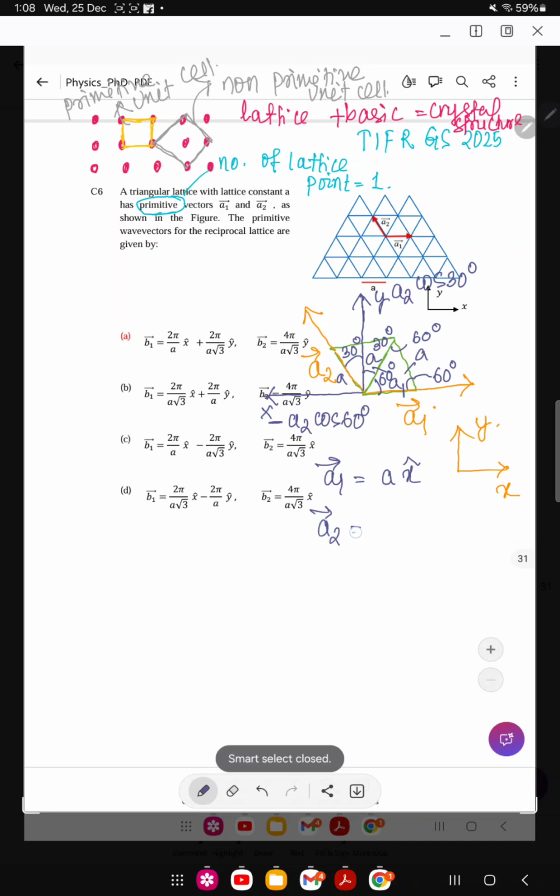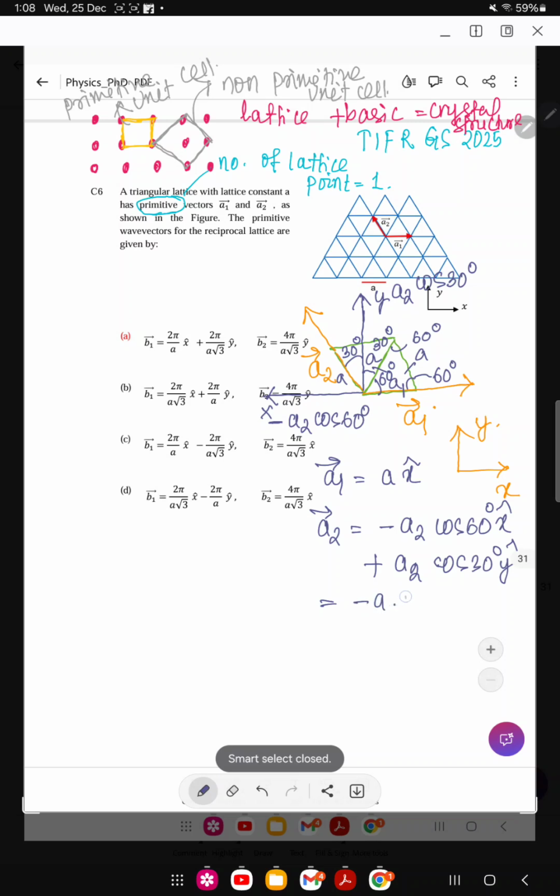So a2 can be written as minus a2 cos 60 x cap plus a2 cos 30 degrees y cap. The magnitude of a2 is the lattice constant a.